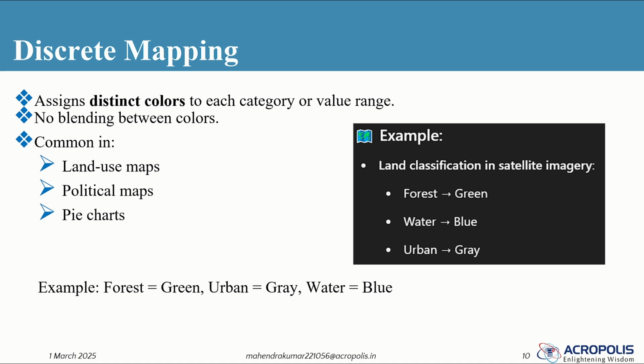There is no blending here. Each color stands for a specific class, like green for forest, blue for water, and gray for urban areas in satellite imagery. It's perfect for pie charts, political maps, or any categorical data.